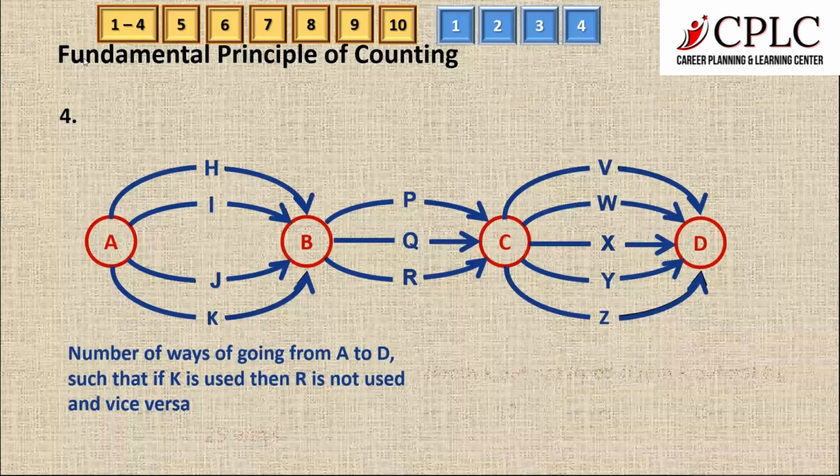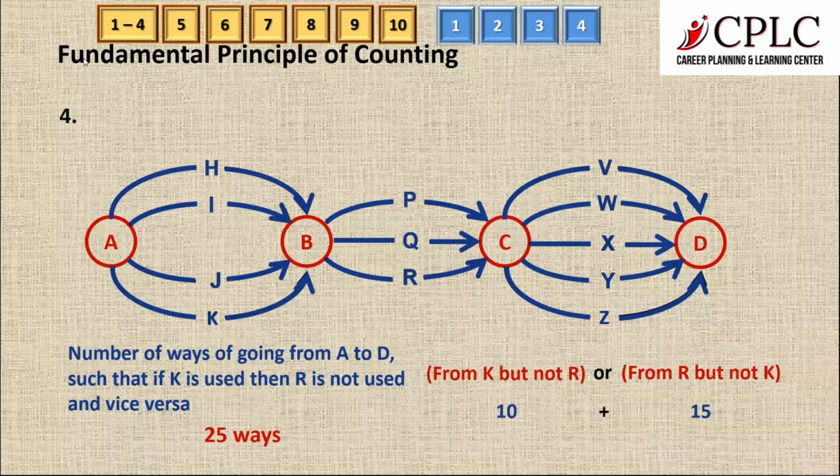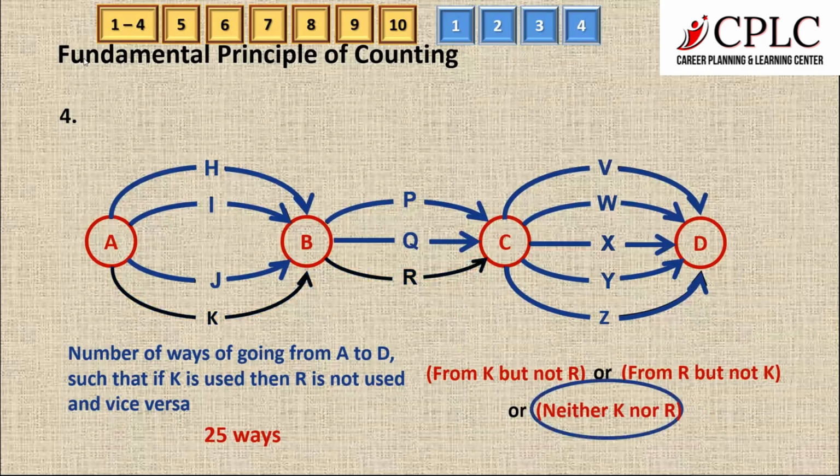So the question will be the same as the previous one, but there's just one addition to it. The addition part is we will not use both the routes. That is neither K nor R. So neither K nor R will also be counted over here. So that would be 3 into 2 into 5. That's 30. So 25 plus 30, that's 55.